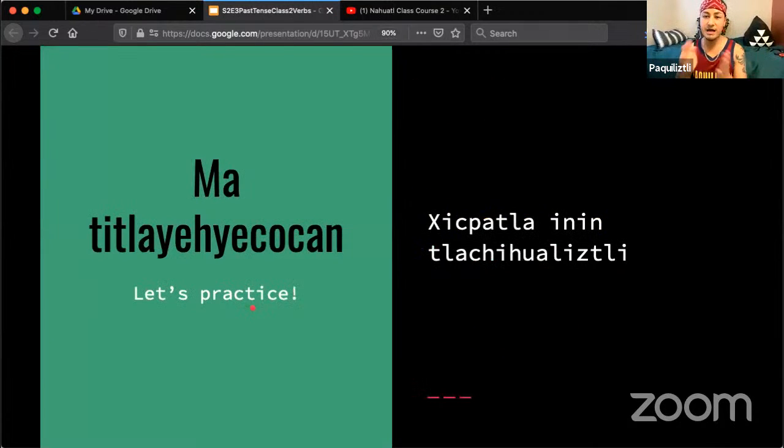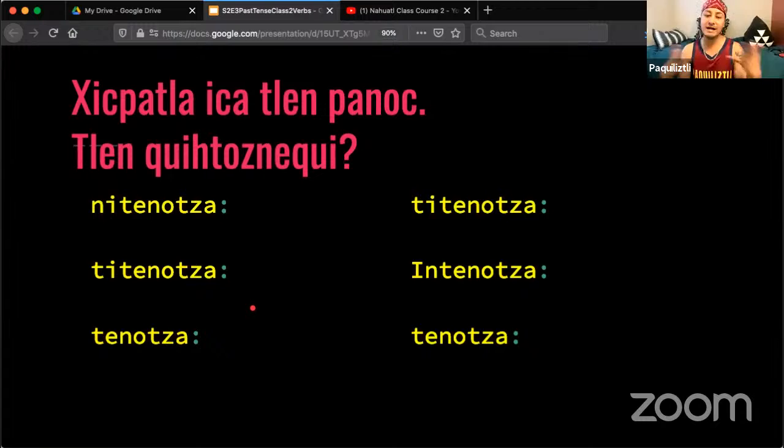Vale. So now I'm going to ask you to look at these verbs and Xicpatla, Inin, Tlachihualistli. I hope that that's clear. If not, well, we did exercises last week and I hope it's clear now. But I could clarify it because you don't know what you're supposed to do, but I think you're smart enough. Okay. So you can unmute yourself, or actually I'll give you like 1 or 2 minutes. Take this verb nota and then convert it into the past tense and then tell me what these 6 translations mean.